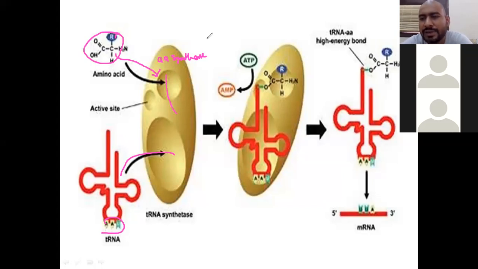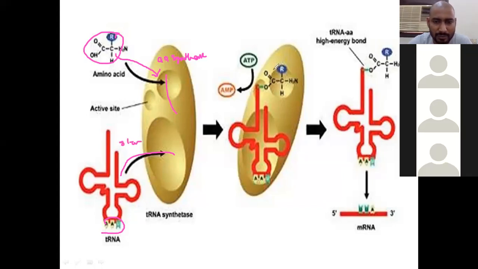The basic function of tRNA synthetase is the attachment of the amino acid to the acceptor end of tRNA. So here this is the tRNA acceptor end, and the amino acid, both come into the aminoacyl synthetase enzyme. And what happened? ATP also came along with this aminoacyl.